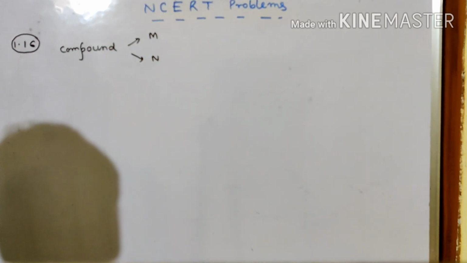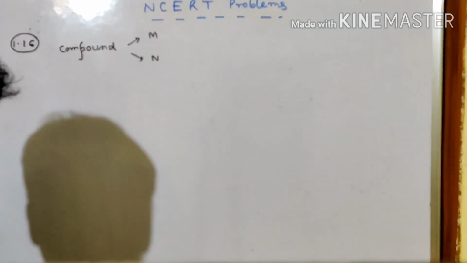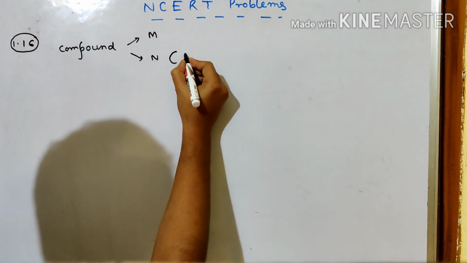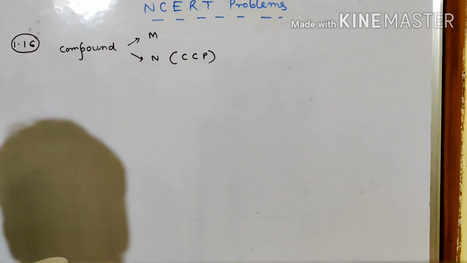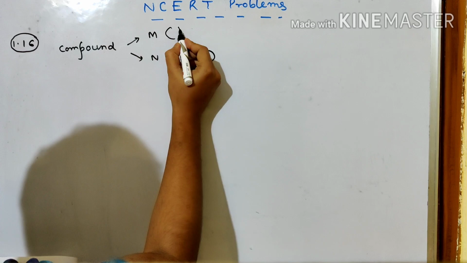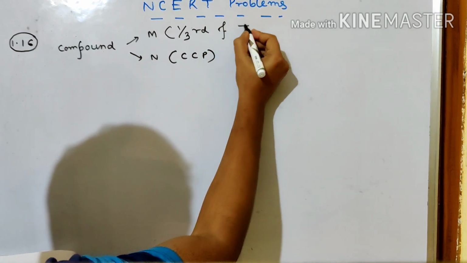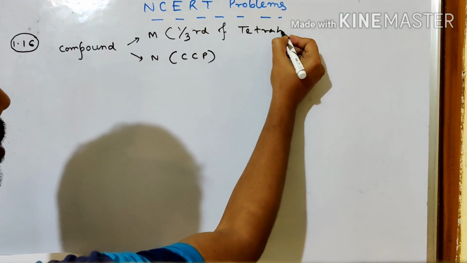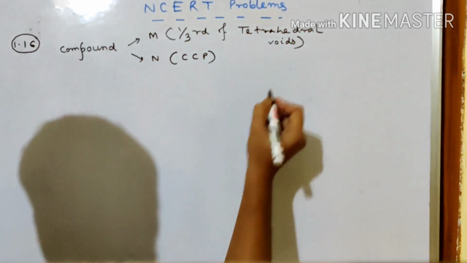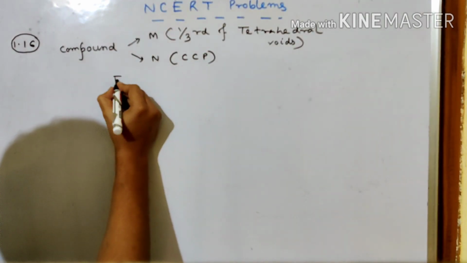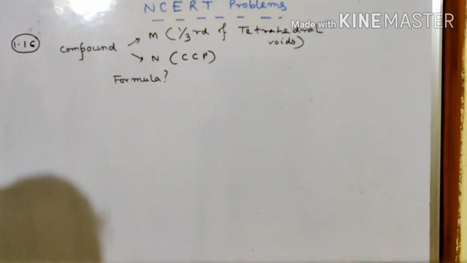The element N forms CCP, and M occupies 1/3 of the tetrahedral voids. What is the formula of this compound?